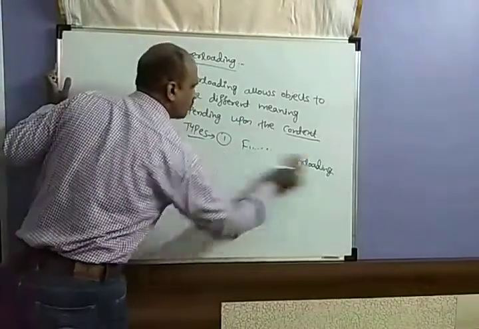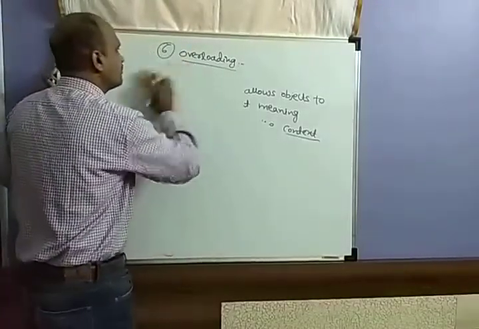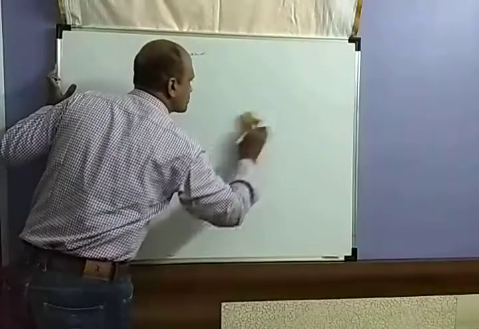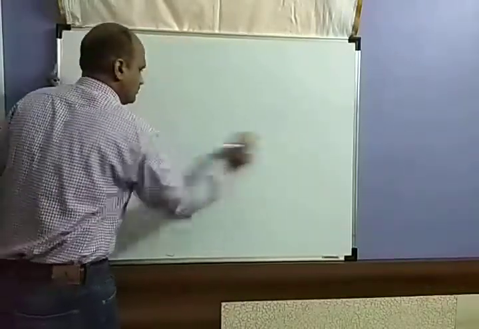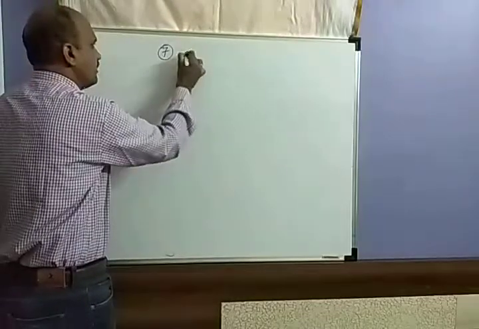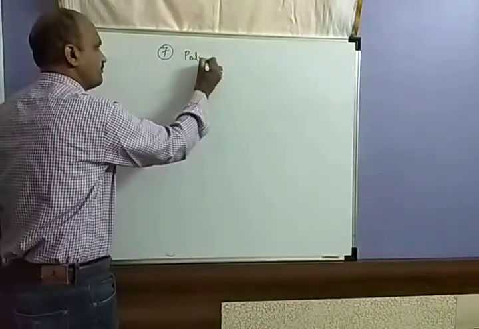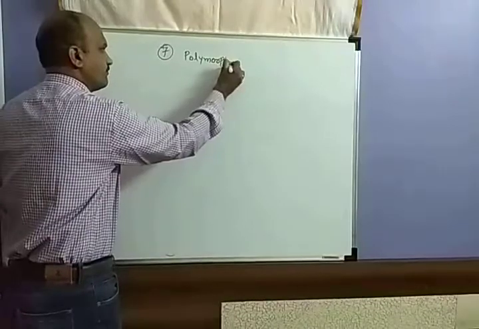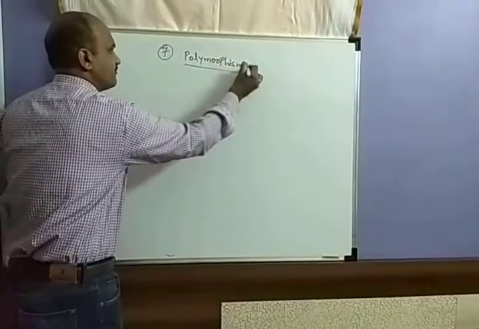The next one, the seventh, is polymorphism. What is that? Poly means many.